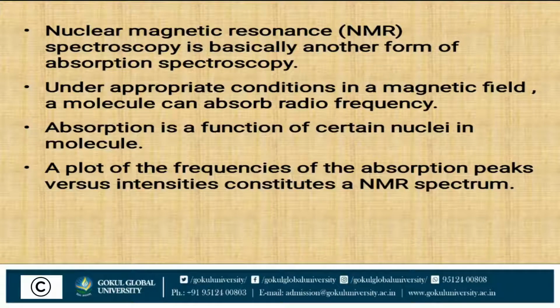Absorption is a function of certain nuclei in the molecule. We know that all molecules have nuclei. In the nuclei, protons or neutrons are present, and around the nuclei, electrons are present. The proton produces a magnetic field, as we saw in another slide.